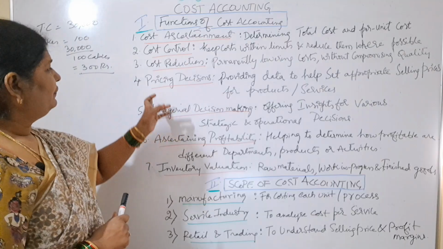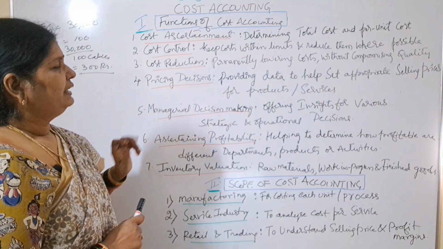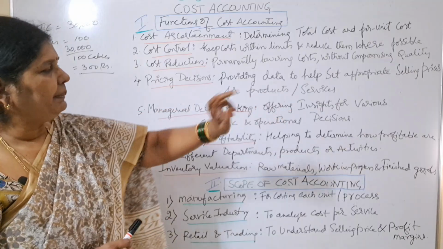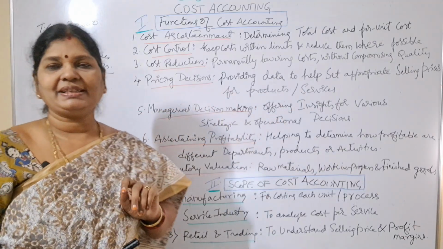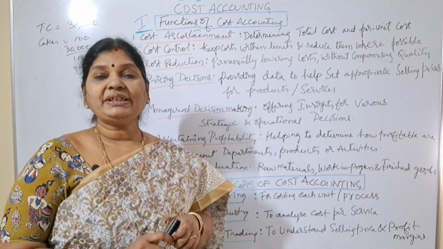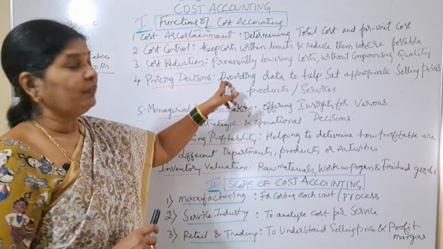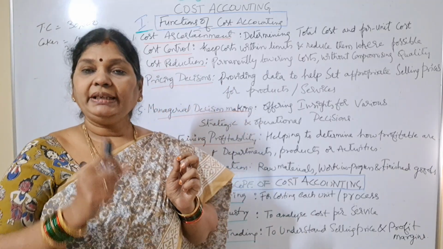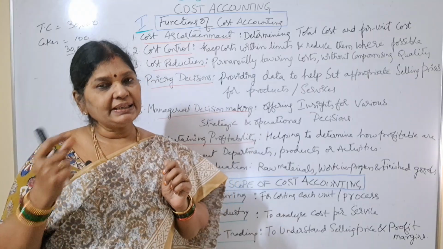So coming to the fourth one, pricing decisions. Providing data to help set appropriate selling prices for products or services. What does cost accounting do? Cost accounting provides data of how much cost we are incurring for a particular product or for a particular service.